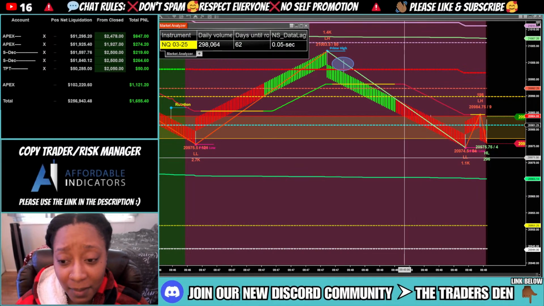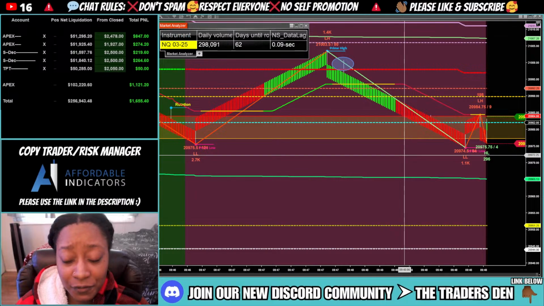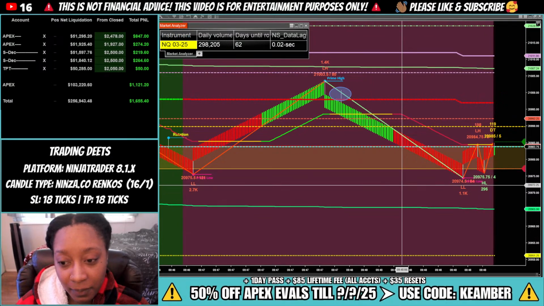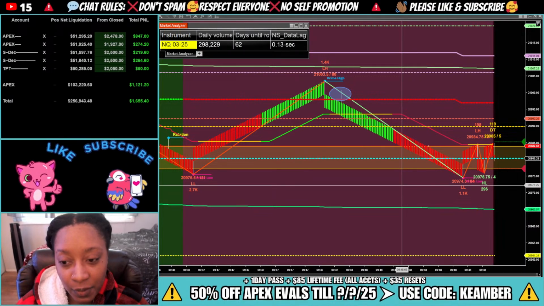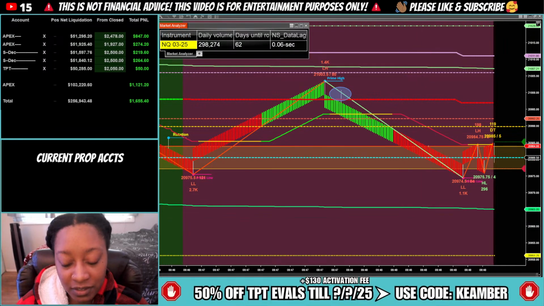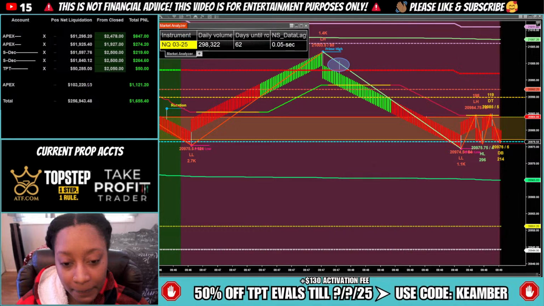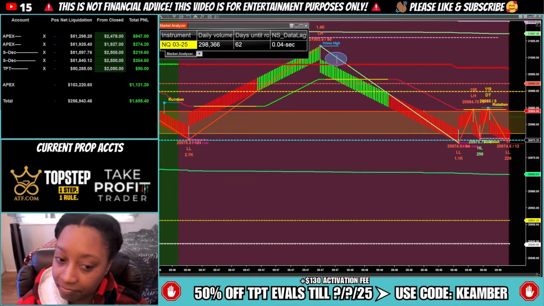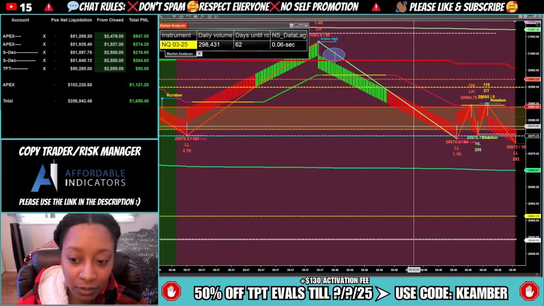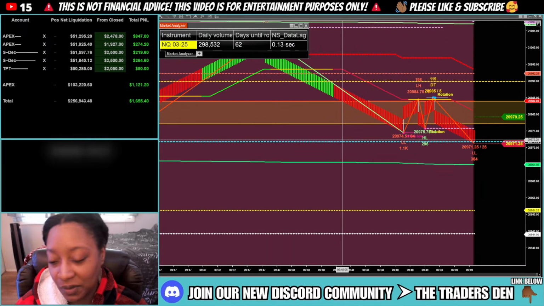So I'm gonna send the logs to Affordable Indicators for the copier, because even though I'm using orders mode where the followers have their own orders, why is it being placed double where it's supposed to be placed? Now, if my entry was late and I got entered where I was supposed to be out of the trade, totally different.